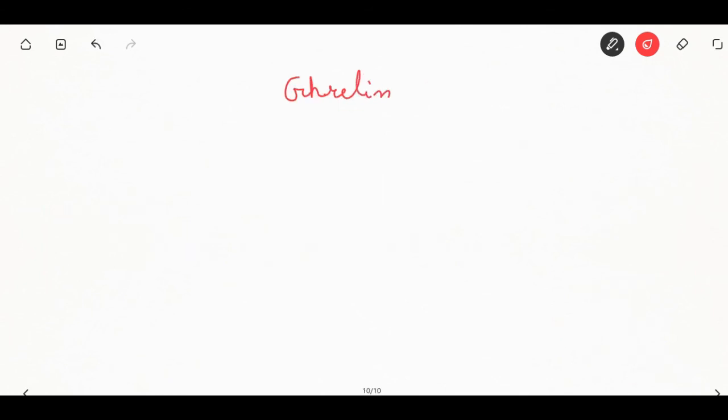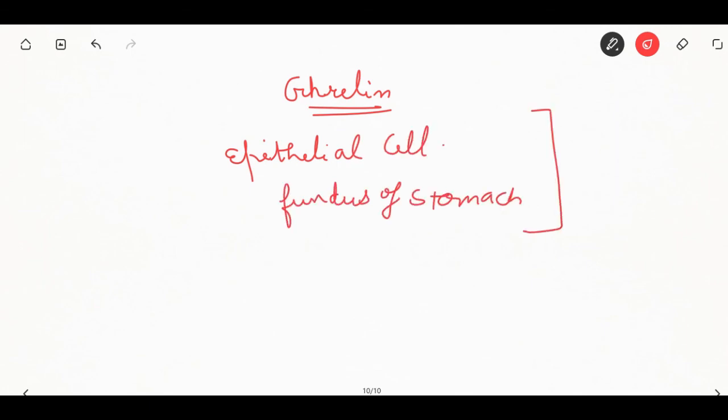Next comes ghrelin. It is a recently discovered hormone. It is synthesized by the epithelial cells in the fundus of the stomach. Ghrelin secretion increases during fasting and decreases when the stomach is full.